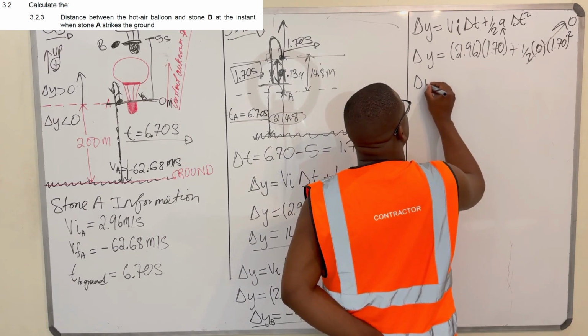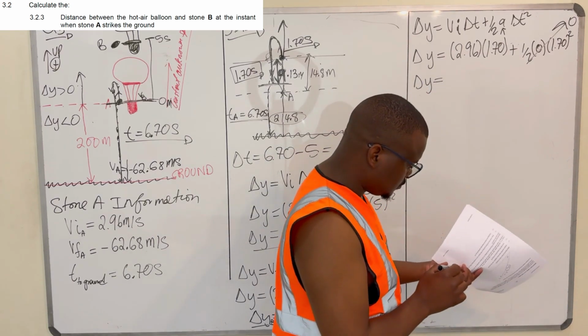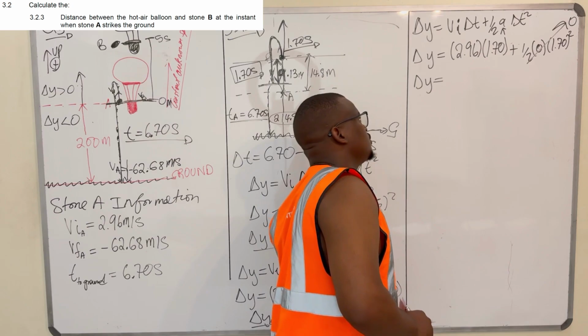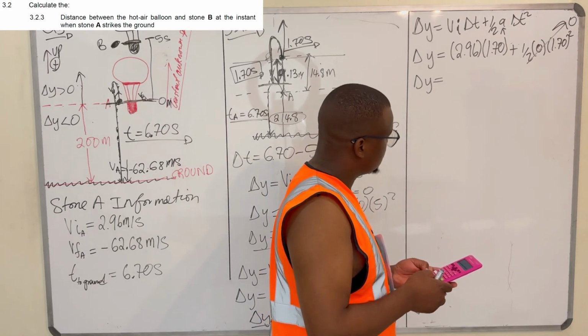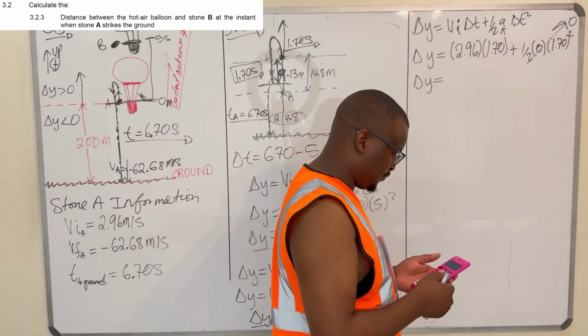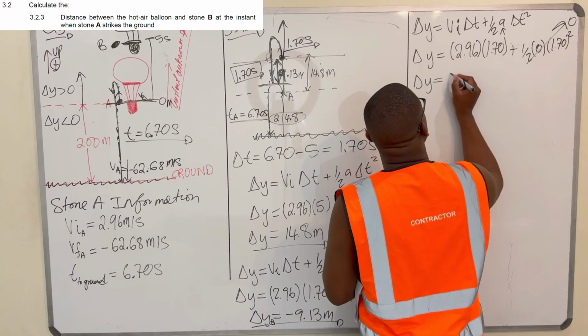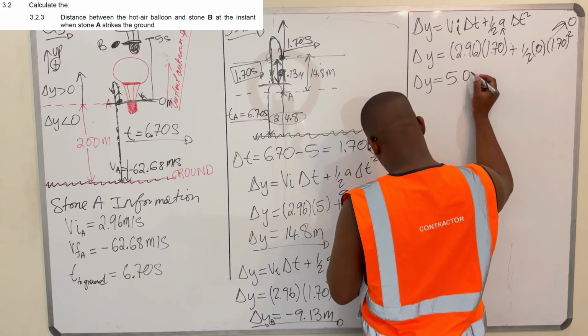Punch this in. Your delta Y is equal to 2.96 times 1.70. So you get that the displacement of the hot air balloon is 5.03 meters.